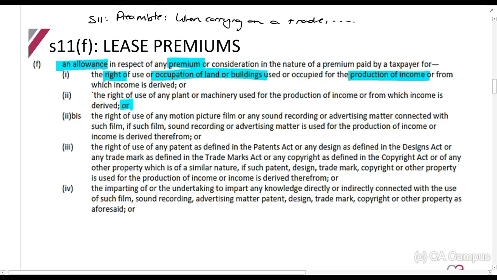Or for using things like a patent or a trademark or design, right? Any of those, or for using a film. So anything where you're leasing something and you're paying a premium. Most important though, land and buildings.